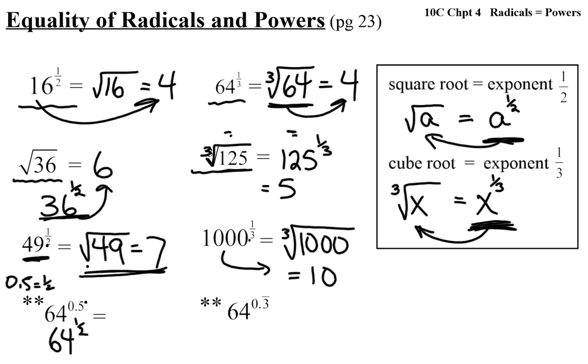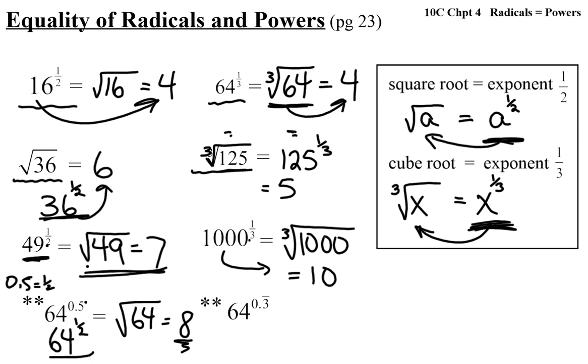So if I took 64 exponent 0.5, which looks ugly, let's make it a fraction, 64 to the half. That half tells us to square root, and a square root is just 8. So 64 exponent 0.5 looks horrible. Big base, decimal exponent. But if you break it into the little steps, none of this should require a calculator.